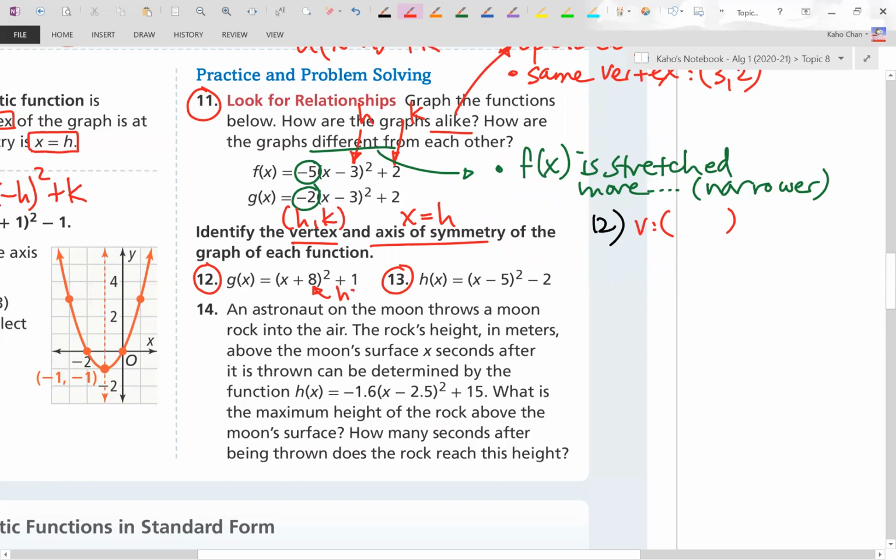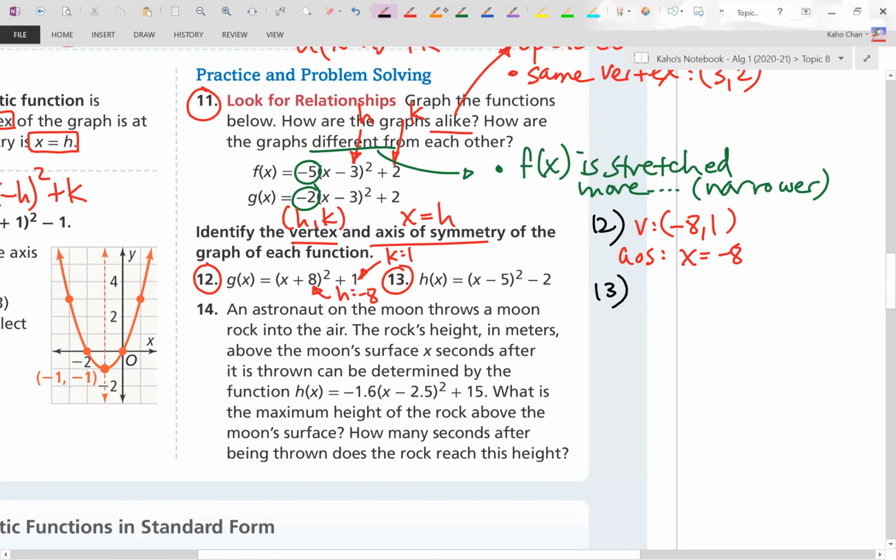So h is negative 8, and k for number 12 is positive 1. So let's write that down for the vertex. The axis of symmetry's formula is x equals h, negative 8, and that's it. Very easy. How about number 13?